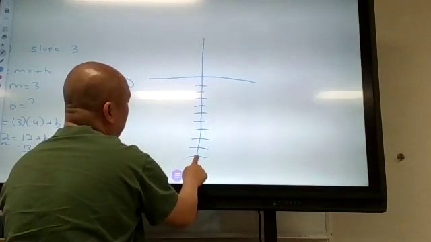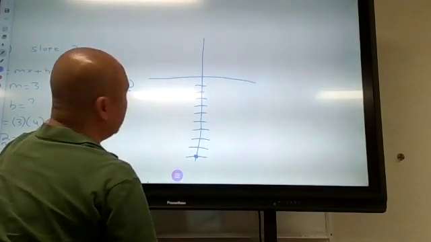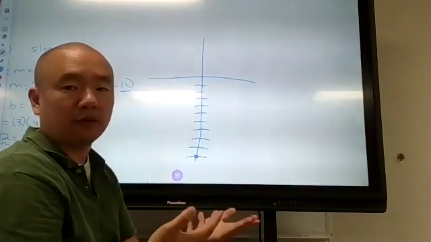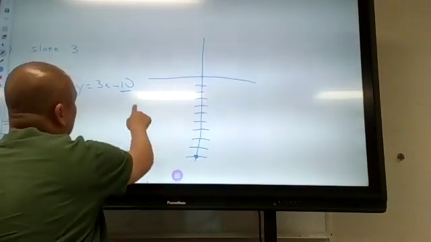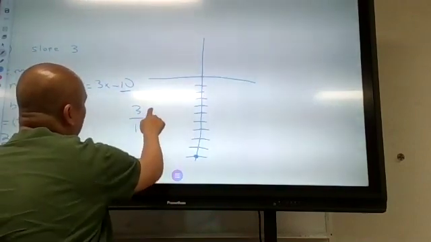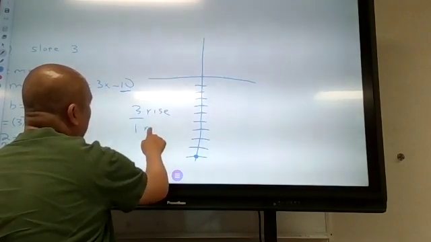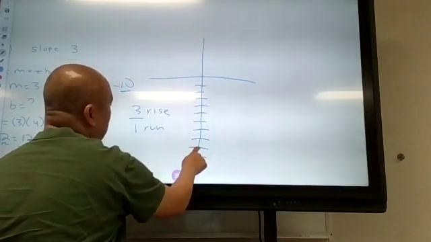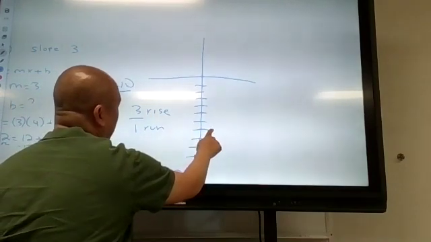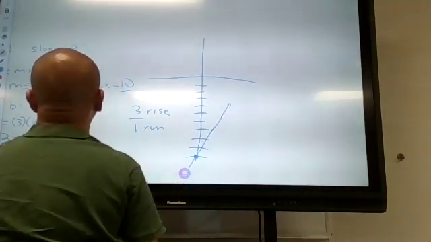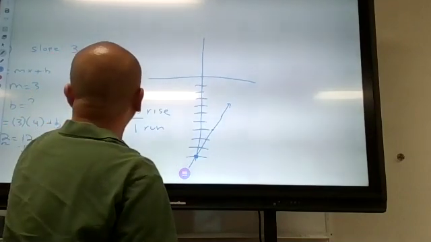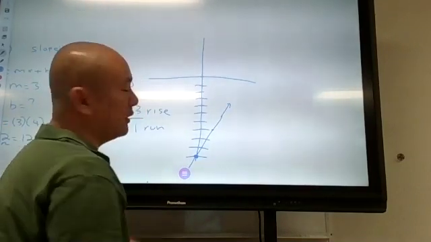Put it down right there. The slope is 3, which means the rise over run is 3 over 1. The rise is the number of times you go up, so rise is 3 and the run is 1. So you go up 3, 1, 2, 3, and then you go right 1. And this would be the line parallel to that line, and it goes through that point right there.